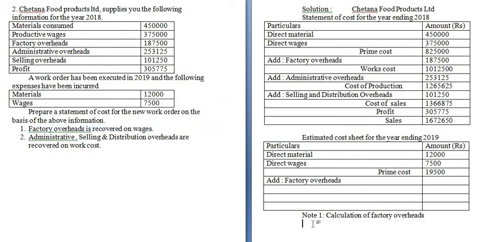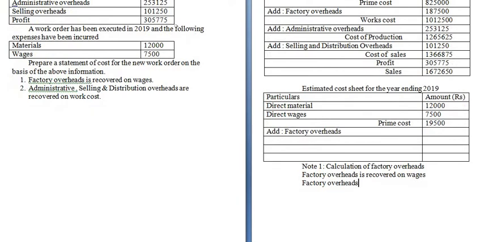So the formula is factory overheads divided by wages into 100.